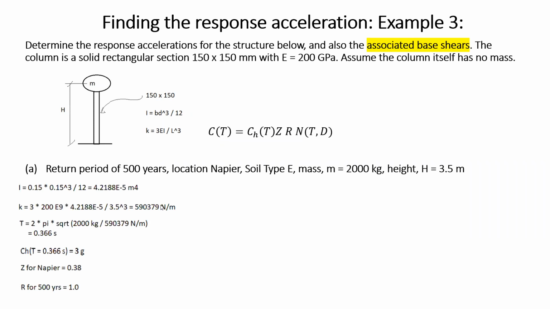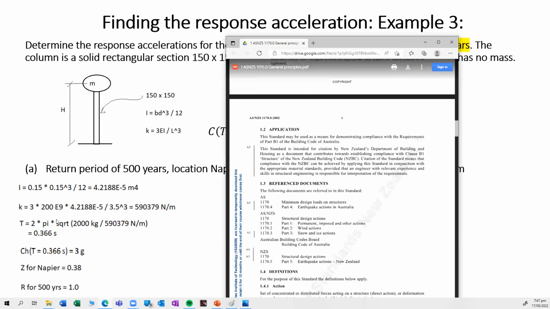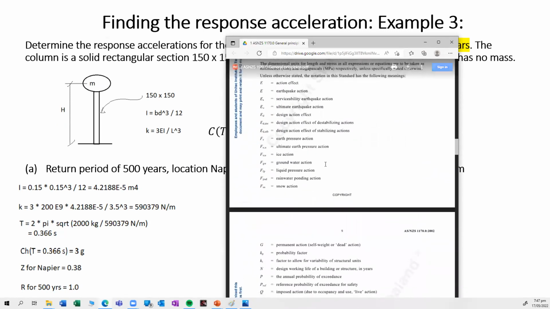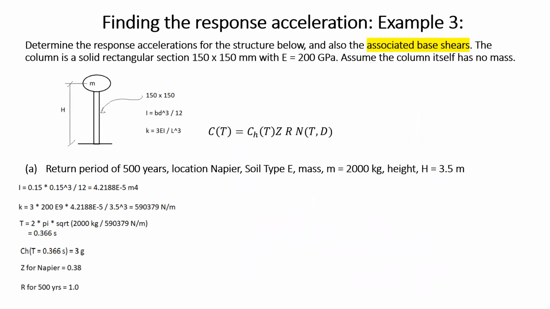Let's have a look. We've got I equals this, K equals this, and T equals 0.366 seconds. If you go to your table and look up the period, you look up what CHT is. Sorry, it's the wrong chart.